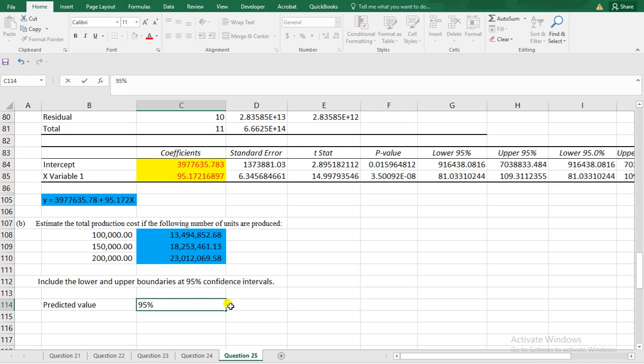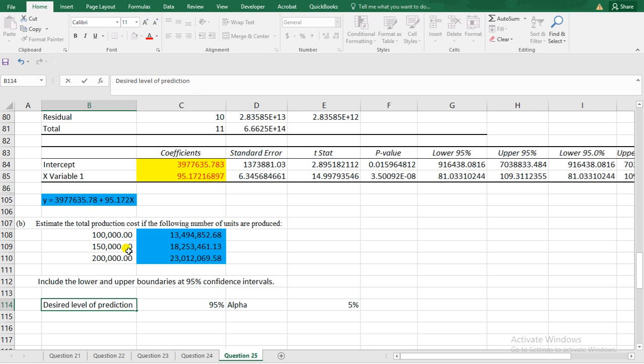So what is the chance that I'll not be correct? What is our alpha? Our alpha, of course, will be 1 minus 95%. So my predicted value percentage is 95%. We can talk of this as the desired level of prediction.